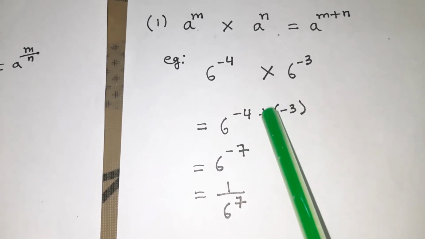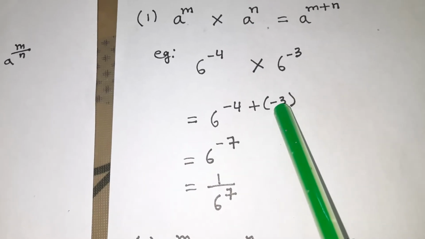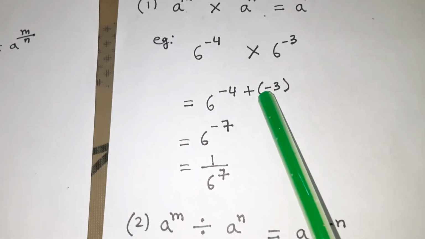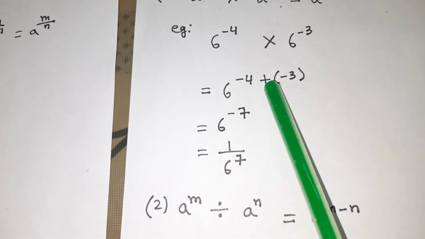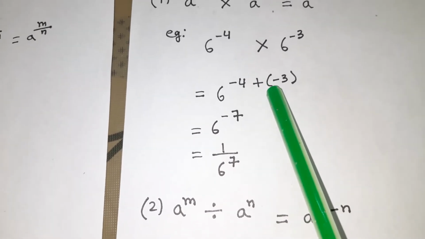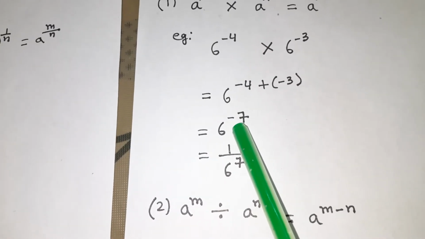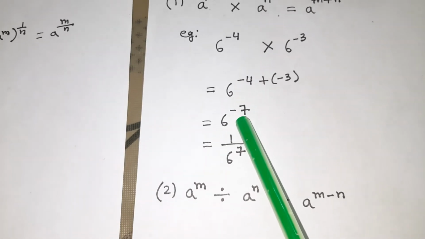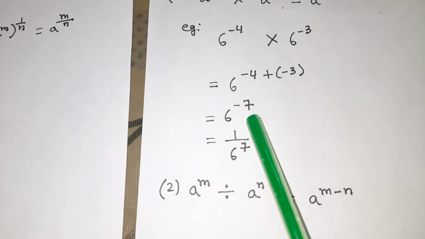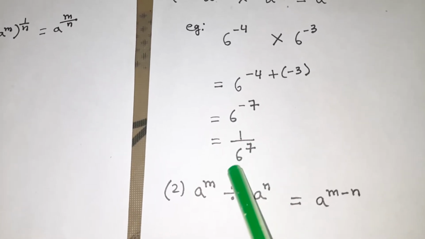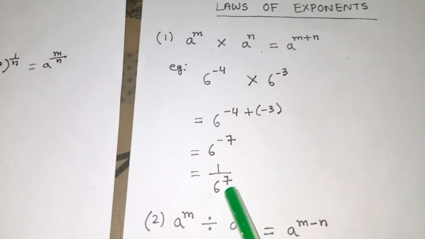Minus 4 plus minus 3 is minus 7. Now you have to change this into positive. So just take the reciprocal. 1 upon 6 raised to the power 7. It will become positive. Is it clear?